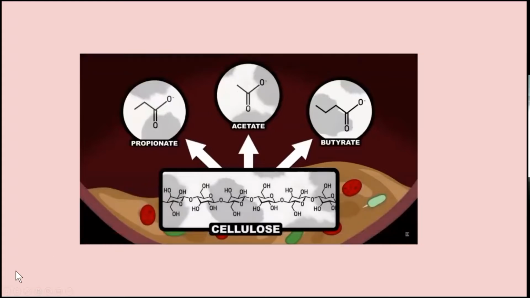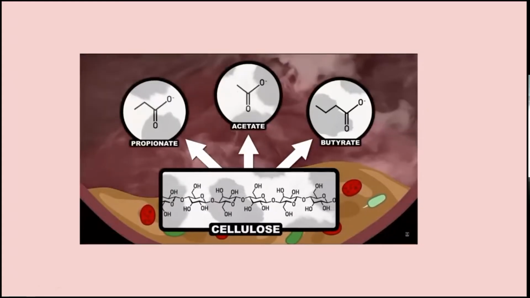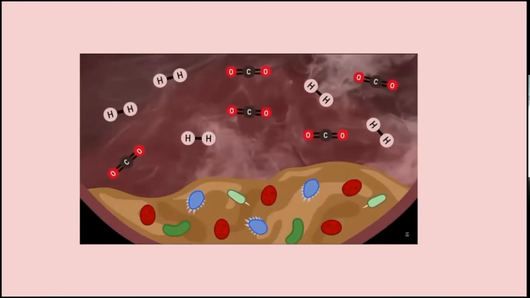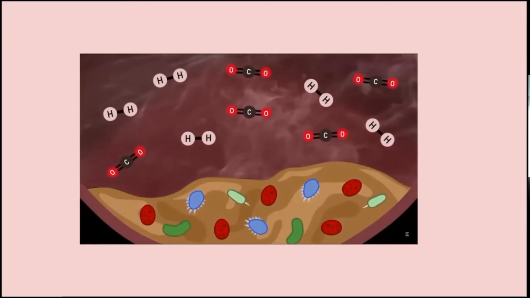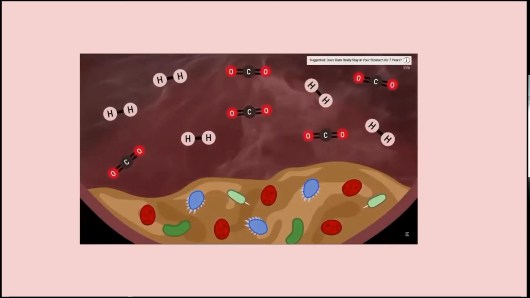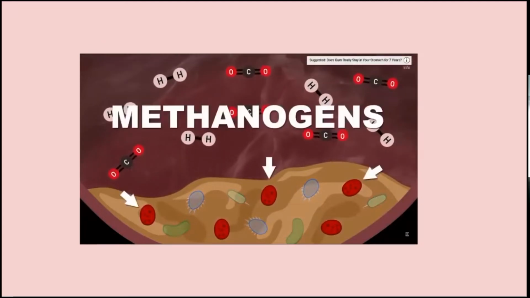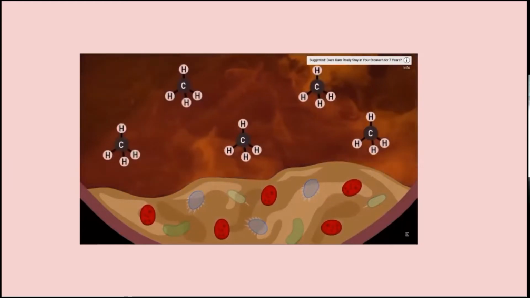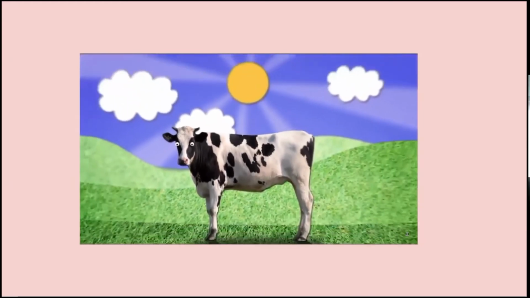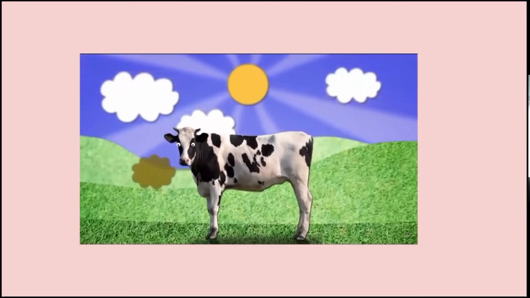All right, the microbes take the cellulose and break it down into less complex molecules that the cows can then digest. The microbes release hydrogen gas and carbon dioxide as waste products. That hydrogen gas, if it were allowed to build up, could interfere with further digestion. So another group of microbes called methanogens take the hydrogen, react it with the carbon dioxide, and produce methane. The cow can't use the methane, so it just burps it out.